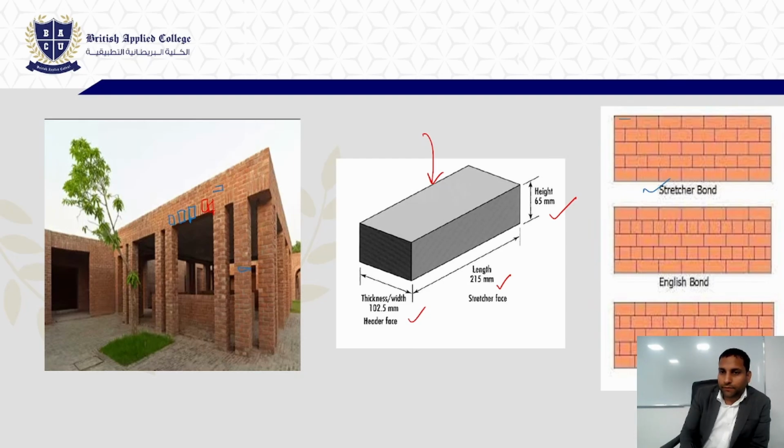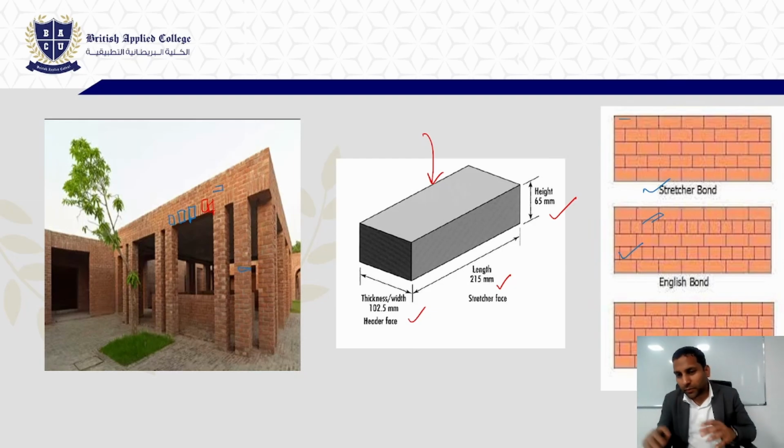If they are placed alternately, horizontally and laterally, then this is known as English bond. It depends upon the orientation of the brick, how you are placing it. Different names are given, such as stretcher bond, English bond, Flemish bond. All these are different types of bonding which we do for the wall.